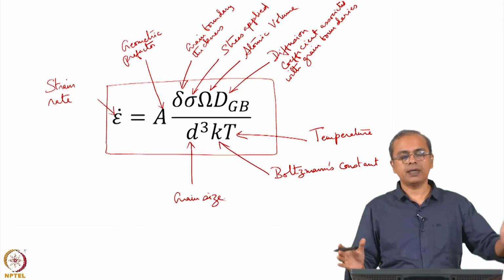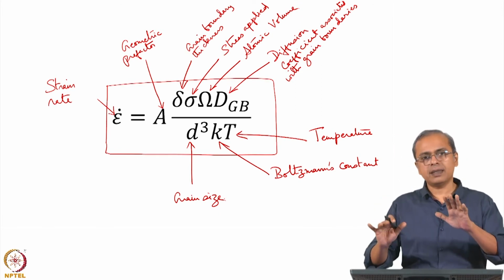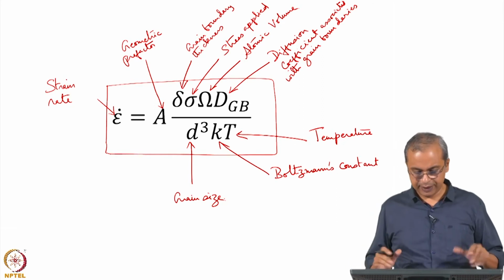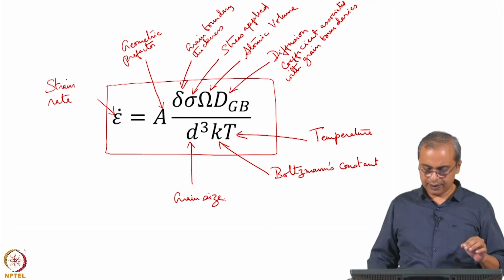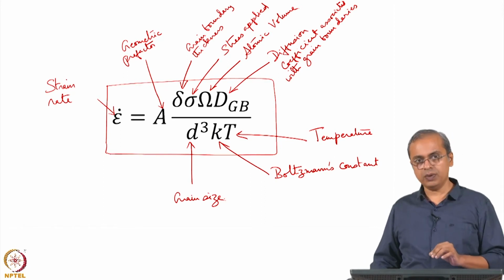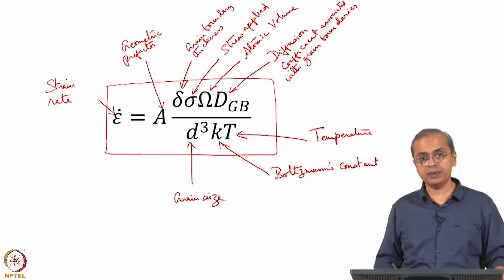So, we have a lot of parameters here. Now, we have to see the relative effects of these various parameters. So, clearly as your grain size goes down, d is in the denominator. So, you have d cubed in the denominator.